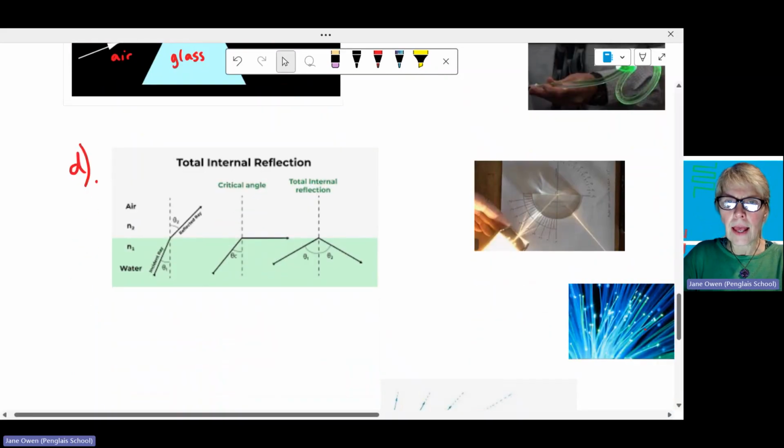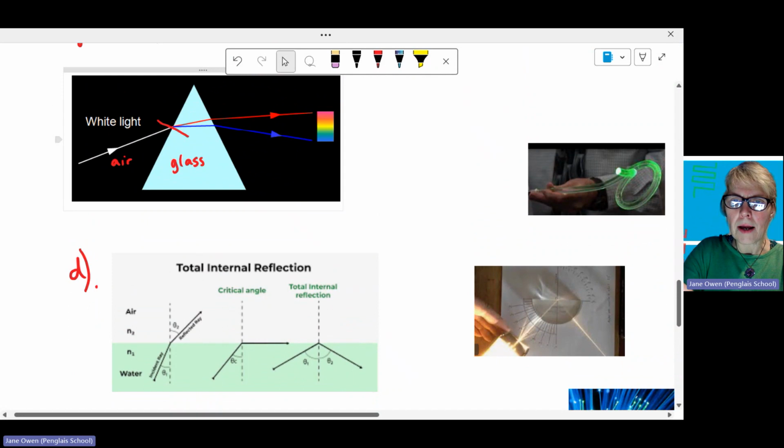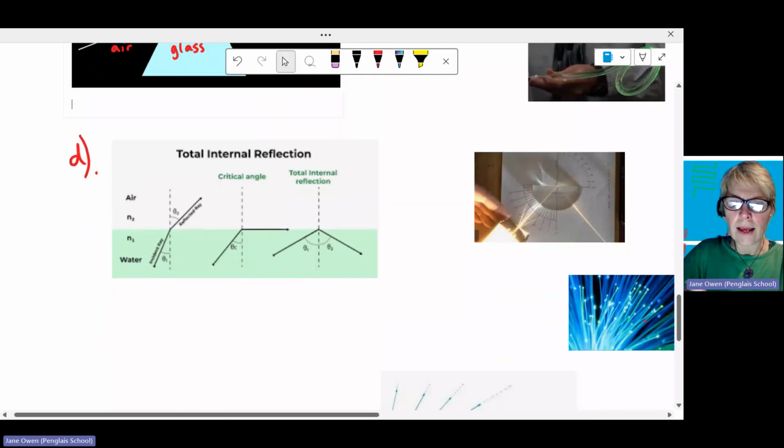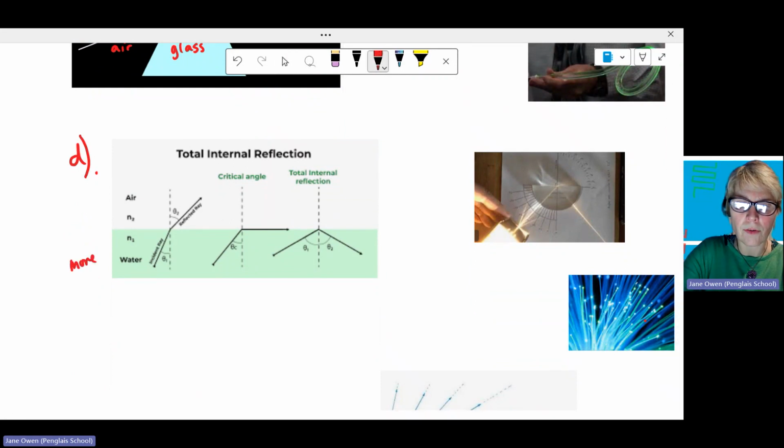However, if the light is going from glass into air, or water into air, so something more dense into something less dense, then the incident angle will always be smaller than the refracted angle, because the refracted ray will bend away from the normal. In fact, that should say refraction, refracted ray.